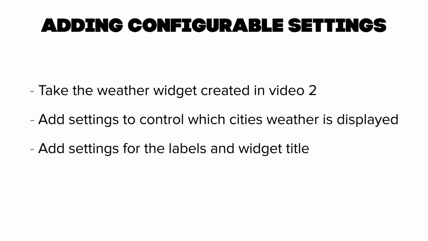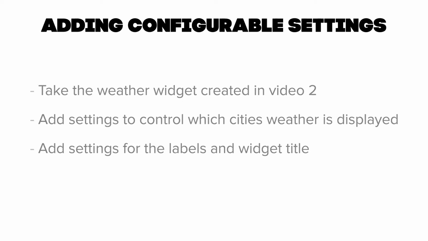Exercise number 2, we're going to use the same widget that we created in exercise 1, but we're going to start adding settings to the control center, for the secure part, that will ask the user to select which city they want to display, what header to use, and what information to display there.